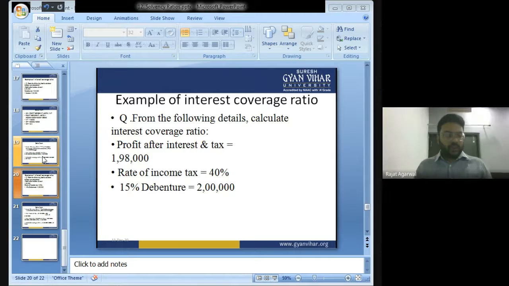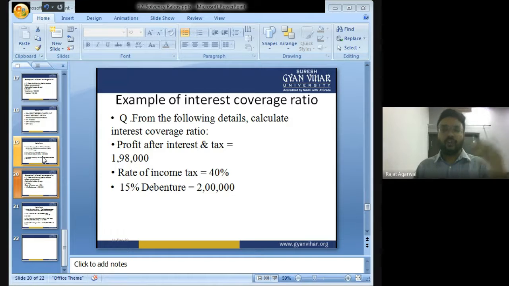Now bachcho, what is the meaning of the 15% debenture? What is the meaning of this 15%? Bachcho, this 15% is the rate of interest. You see now, 10% debenture, 15% debenture, 12% debenture, 20% debenture. The percent that is given in front of debenture is the rate of interest.